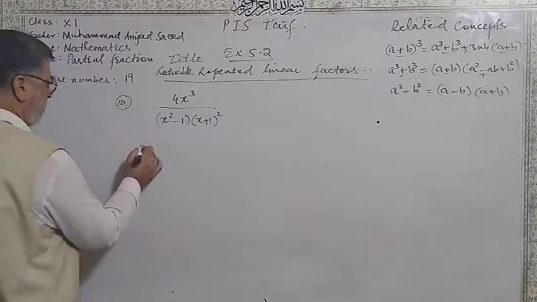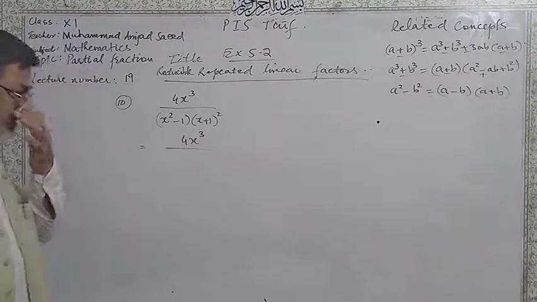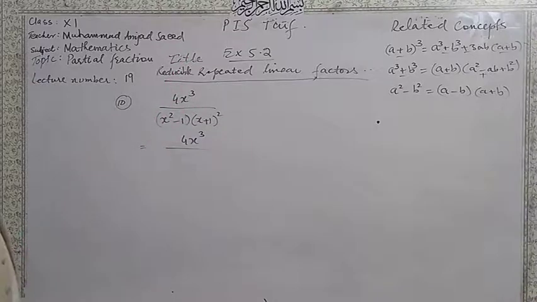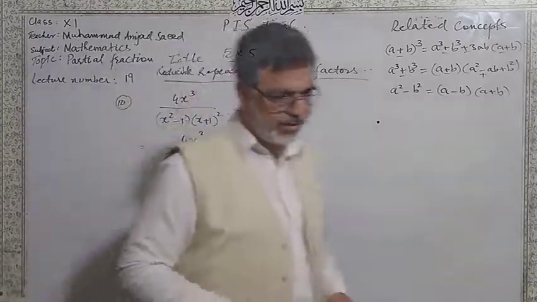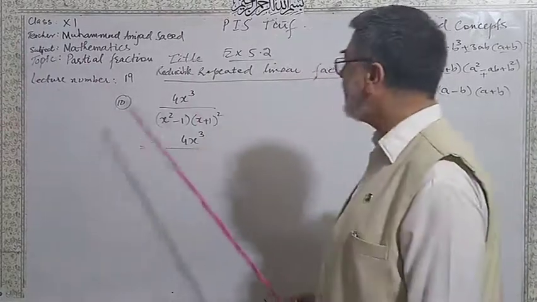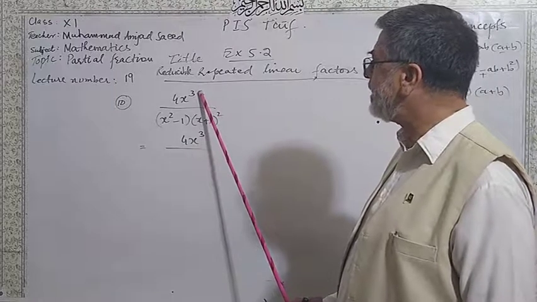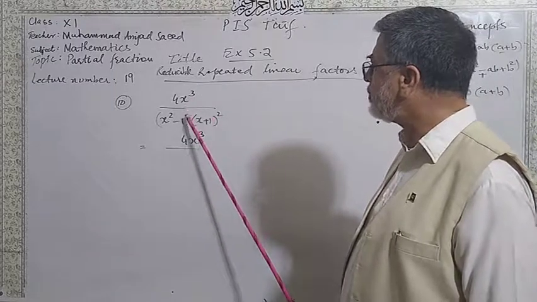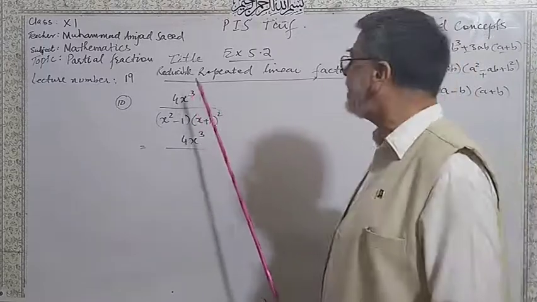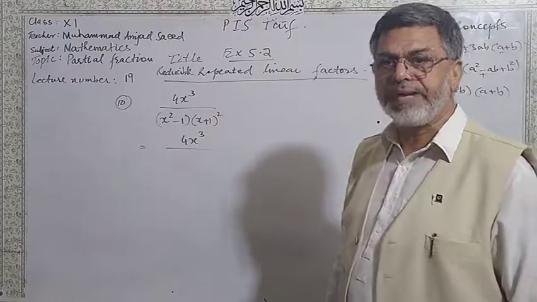Now first of all, we have to check whether this fraction is proper or improper. Remember, I am repeating, previously we discussed that if the order of the numerator is equal to or greater than the denominator, then this will be an improper fraction.